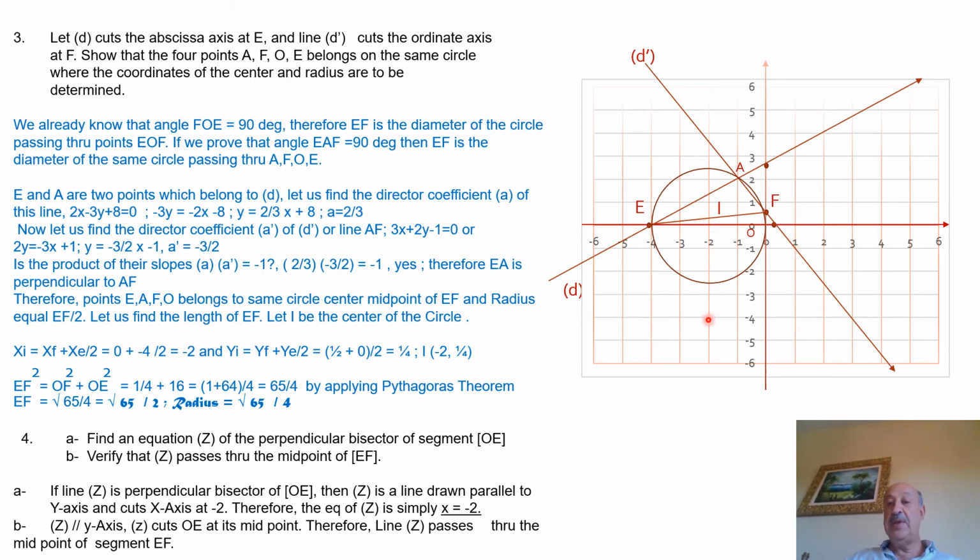Okay, can we determine the radius of this circle? Yes. How do we determine the radius of this circle? If we find EF and divide it by 2, we can determine the length of the radius, IF or EI.